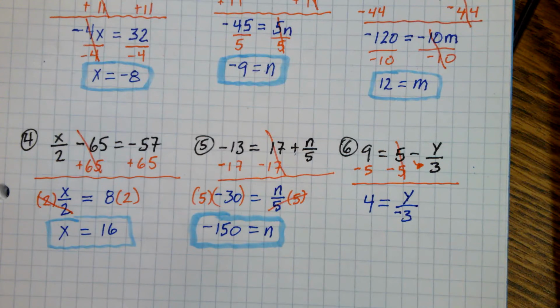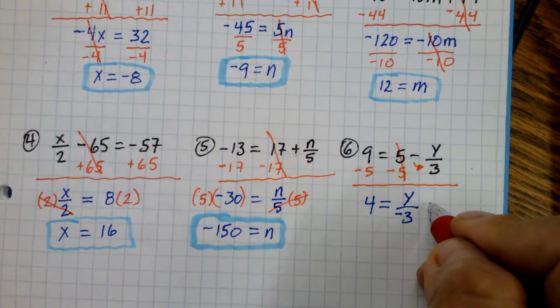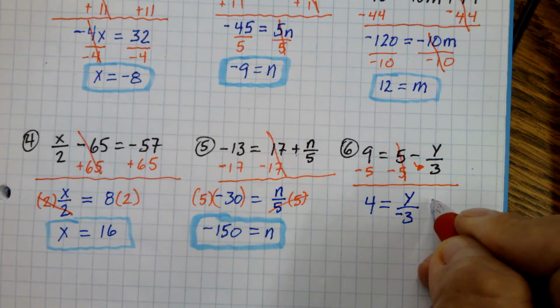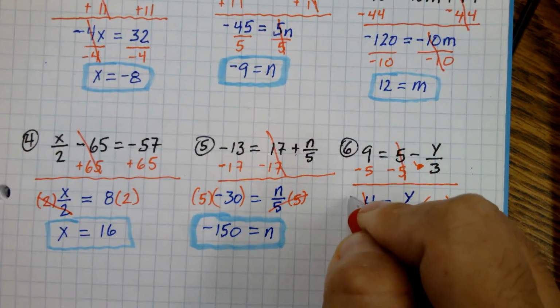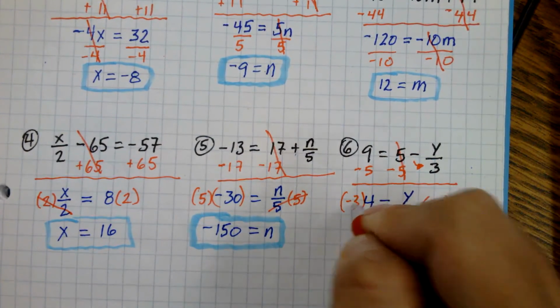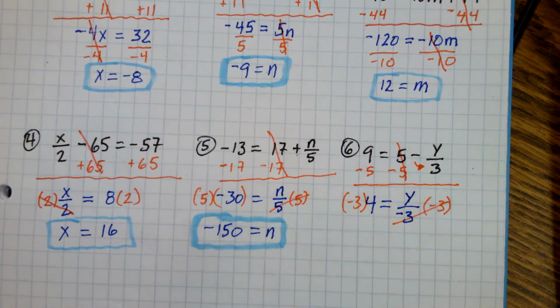Yeah, you got to multiply by negative 3. You want to multiply by a negative 3 on both sides, because that's what cancels this. Okay? So let's see what we get.